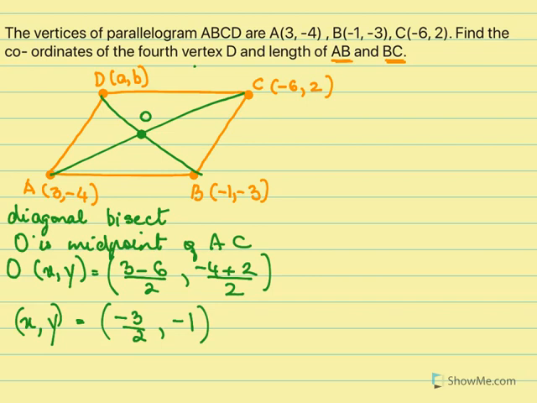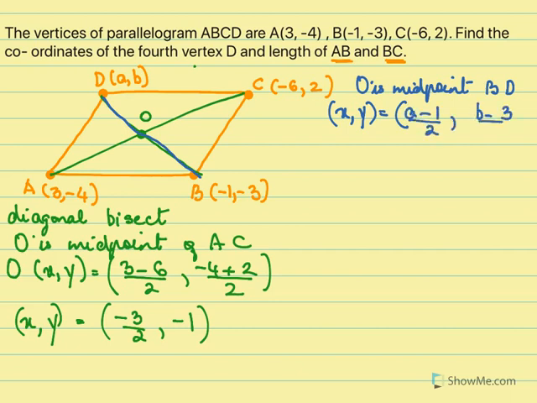Now O is also the midpoint of the other diagonal BD because they bisect. So O, that is (x, y), also will be equal to, by section formula, (a minus 1 over 2, b minus 3 over 2).